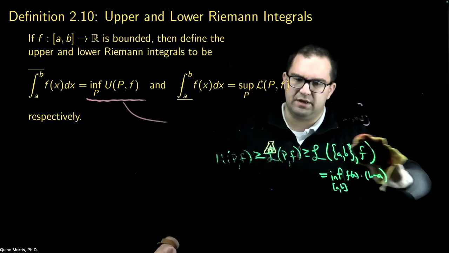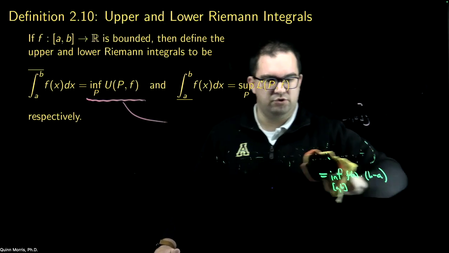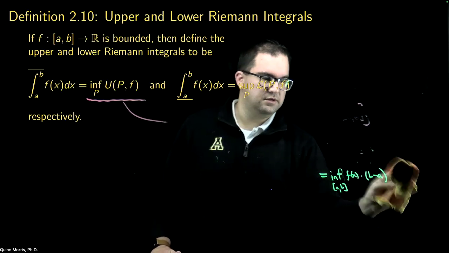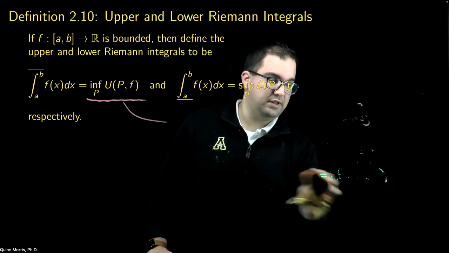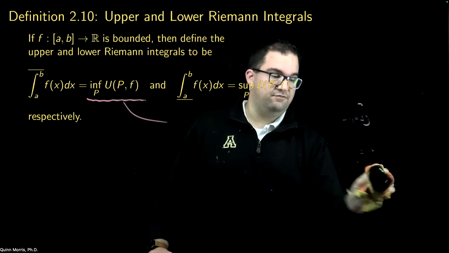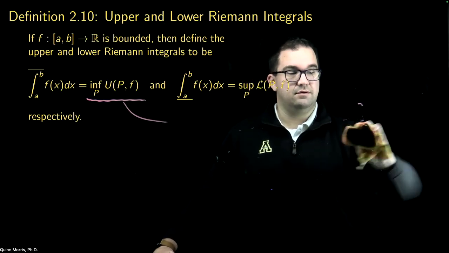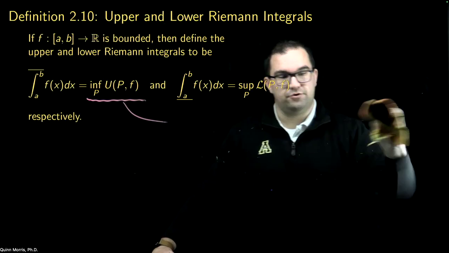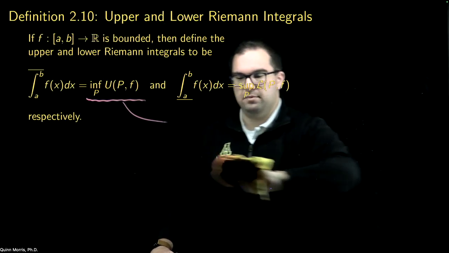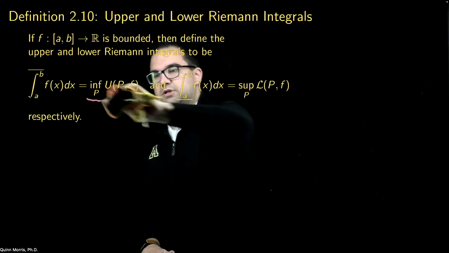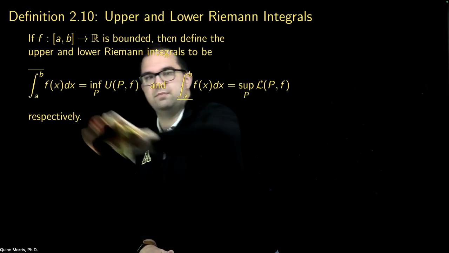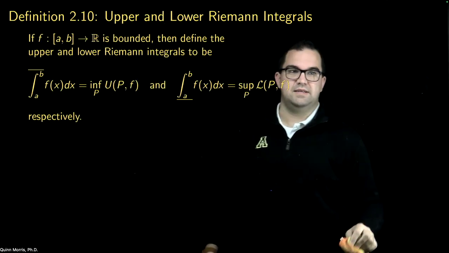Of course, if you remove the condition that it's bounded, you run into some difficulties. If your function f is not bounded, then you don't know that these infimums and supremums necessarily exist and are finite, so you can have some problems. But for a bounded function, these upper and lower Riemann integrals are always guaranteed to exist.